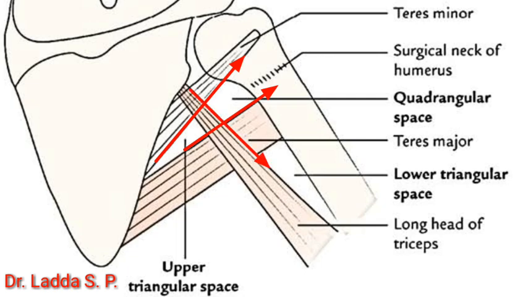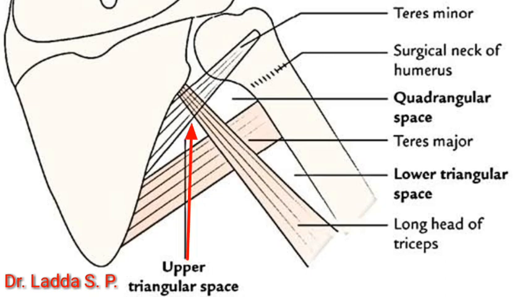It is medially bounded by the long head of triceps, whereas it is laterally bounded by a part of a bone. Which bone? Humerus. The part of that bone is the surgical neck of the humerus. It becomes easy if you remember those muscles and draw just a simple figure.